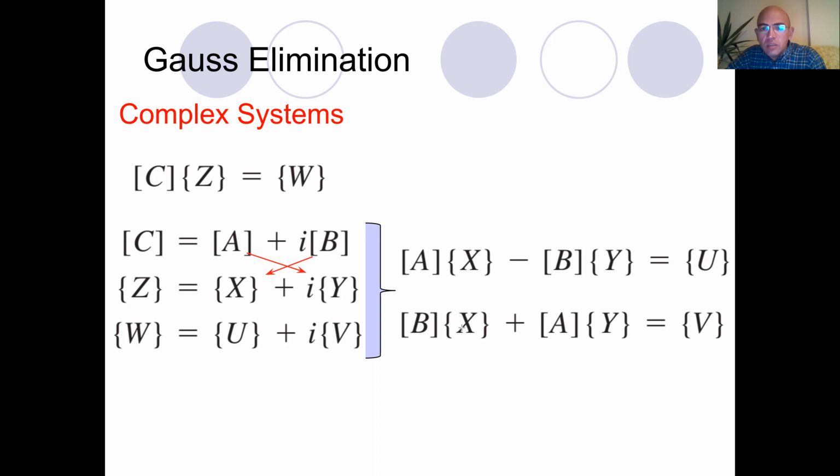As a result, B multiplied by X plus A multiplied by Y is equal to V. Now I need to solve this system of equations.